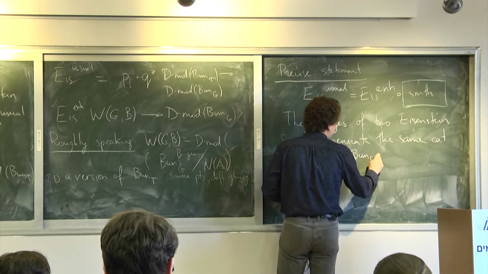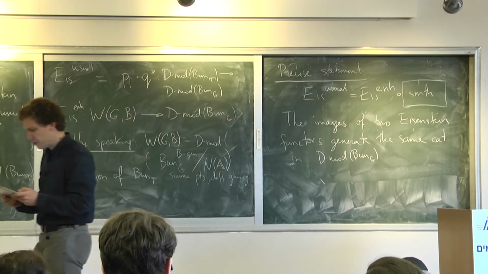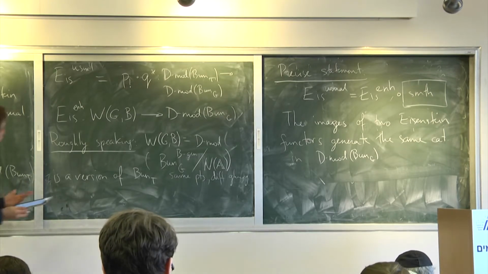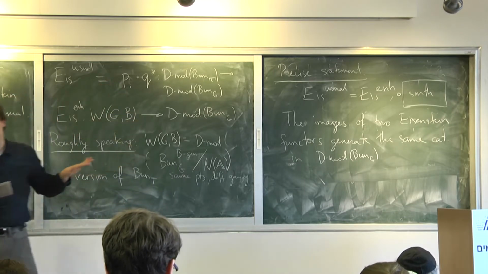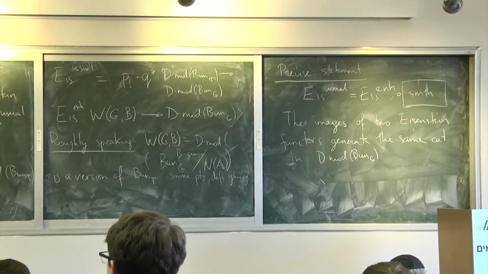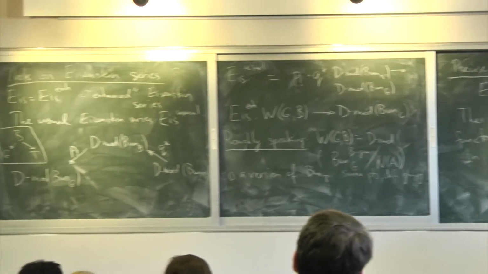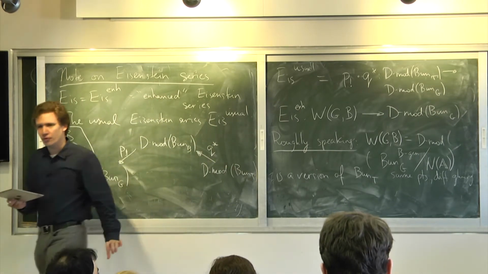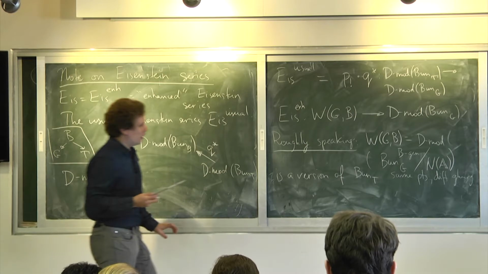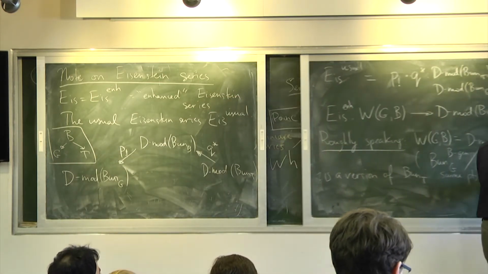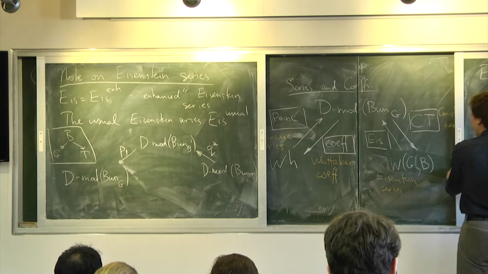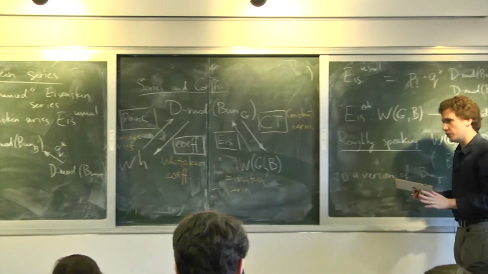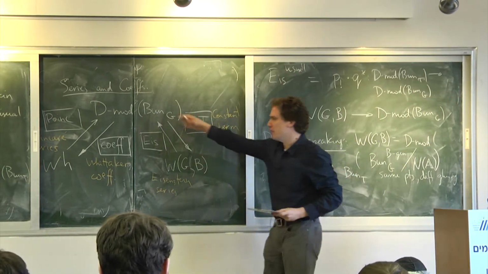So in other words, the category of Eisenstein series is unambiguous. I'm not trying to disrespect this usual Eisenstein series functor. I think that it fits very nicely into this picture. The only reason why we focus on this one is to minimize the number of objects involved. So for this reason, we just focus on this diagram and consider this Eisenstein series functor only. And the same can be said about the constant terms.